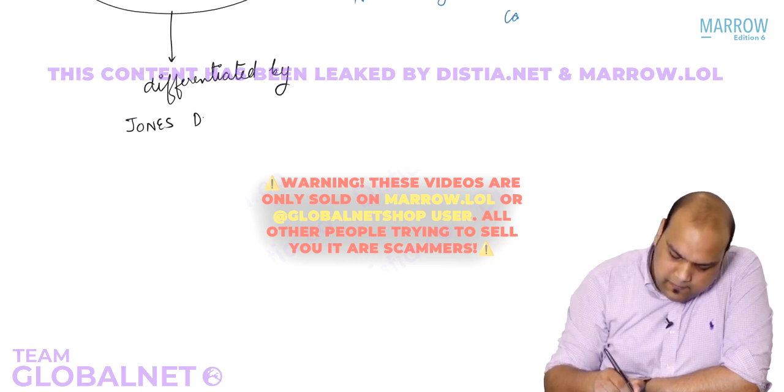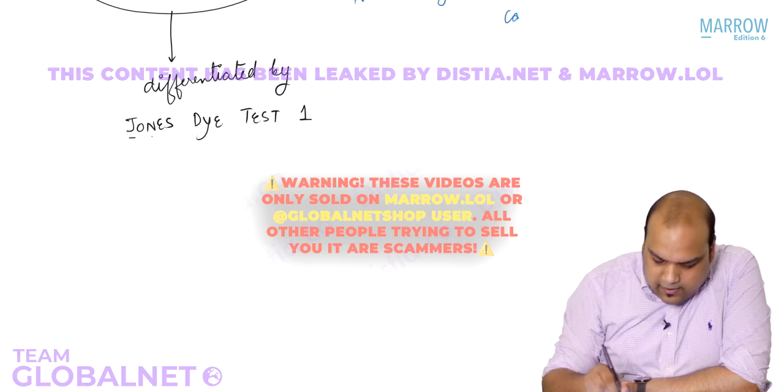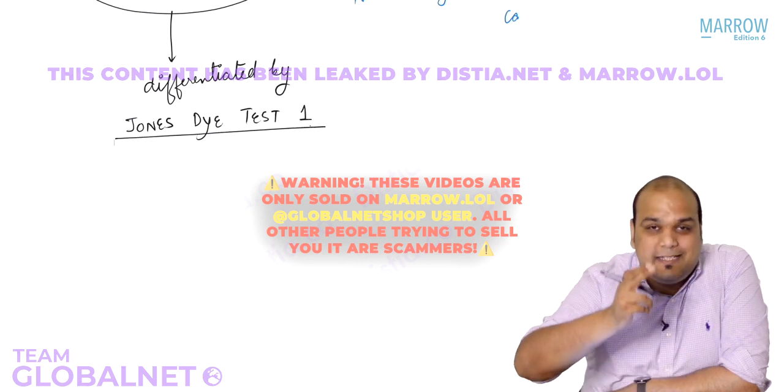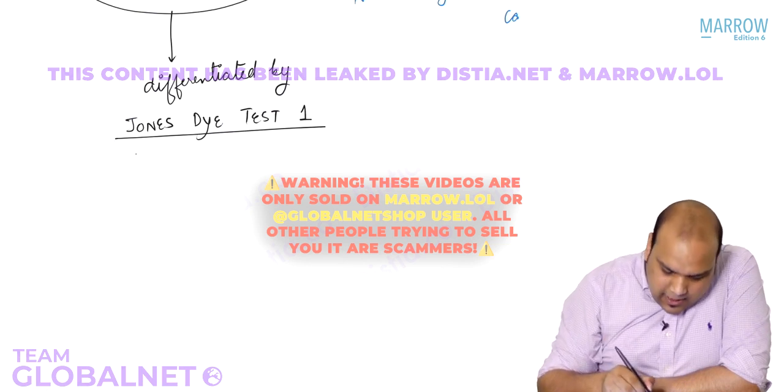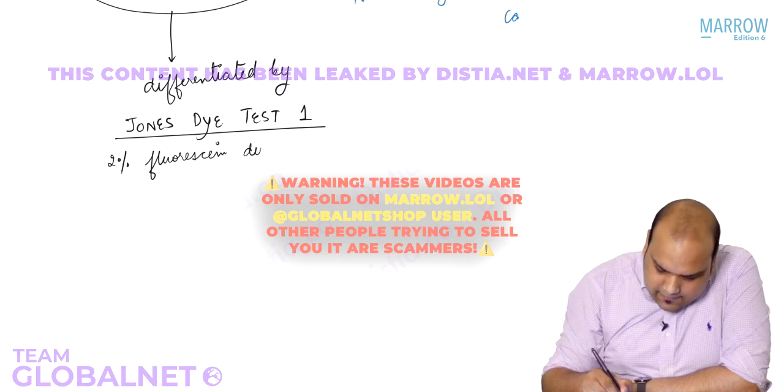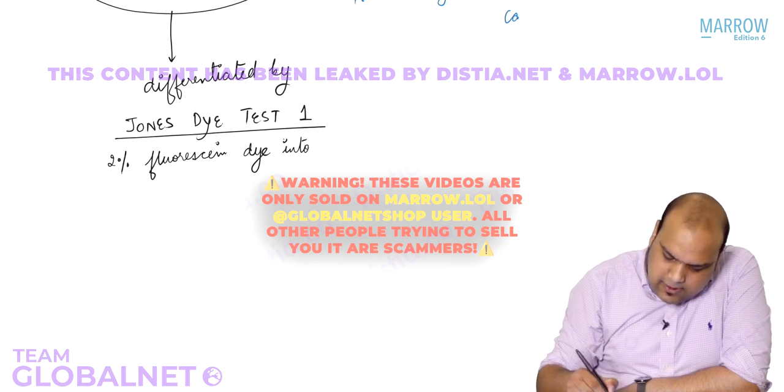Jones dye test number 1. There are two Jones dye tests, number 1, number 2. What is Jones dye test number 1, everybody? We are injecting 2% fluorescein dye into the conjunctival sac.